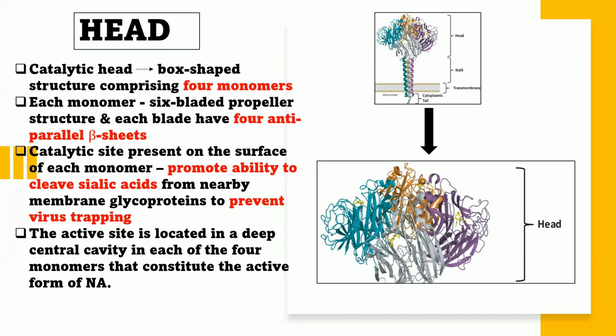This promotes the ability to cleave sialic acids from nearby membrane glycoprotein to prevent virus trapping. The active site is located in a deep central cavity in each of the 4 monomers that make up the active form of the neuraminidase. The active site is so important for virus spreading and is highly conserved, making it a desirable target for neuraminidase inhibitors that can be used in antiviral therapies.